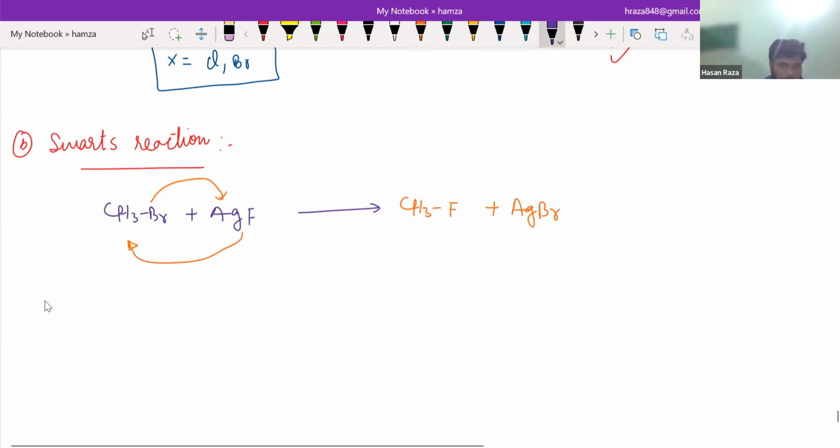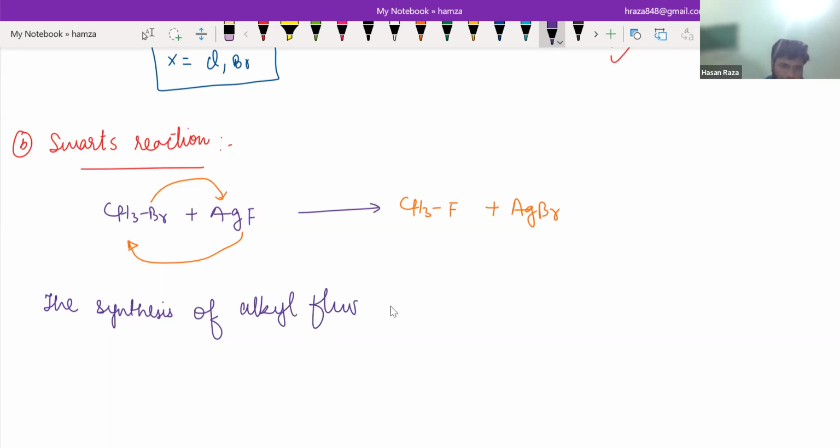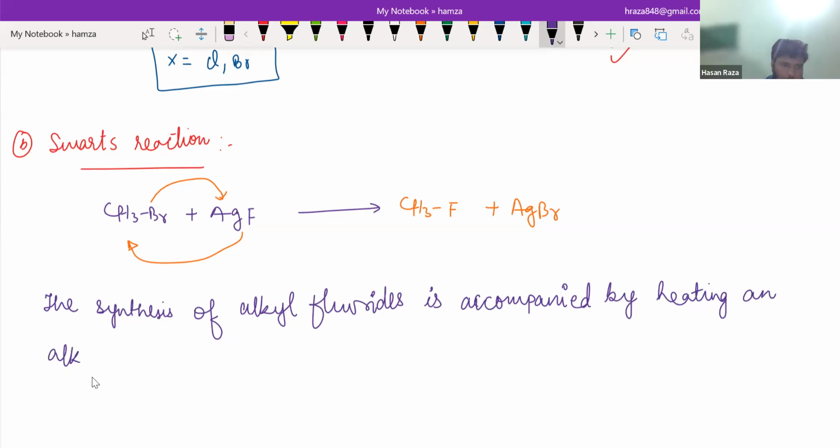Now we can write the synthesis of, especially alkyl fluorides, the synthesis of alkyl fluorides is accomplished by heating an alkyl chloride or bromide.